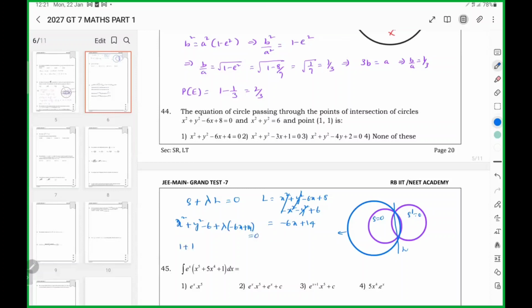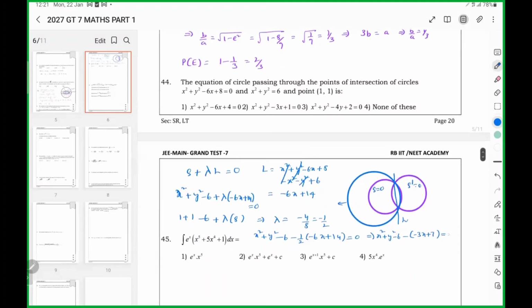Passing through 1 comma 1, 14 minus 6 minus 4 by 8, then the circle becomes minus of into minus 6x plus 14, minus of minus 3x plus 7, plus 3x minus 7 is minus 13. Minus 7, minus 6.